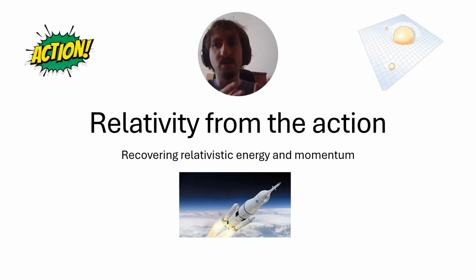Now getting it from the action is actually relatively straightforward, because through considering the action as a Lorentz invariant quantity with the units of energy times time, we can get to a Lagrangian, and once we have a Lagrangian, we can use the ideas in Lagrangian mechanics to get to the relativistic momentum and energy of a particle.